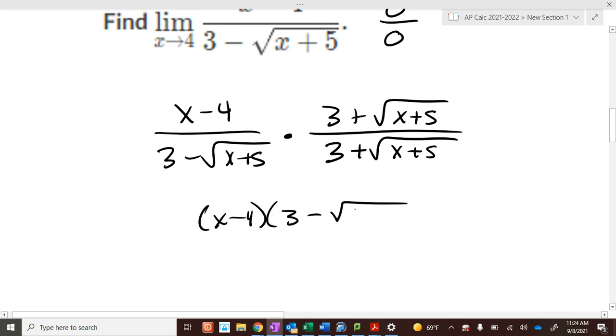Do not try to FOIL that, because you'll see why we don't even need to bother. Denominator FOIL. 3 times 3 is 9. Outers and inners in conjugates always cancel. What's the square root of x plus 5 times square root of x plus 5? X plus 5. So it's going to be minus the quantity x plus 5.